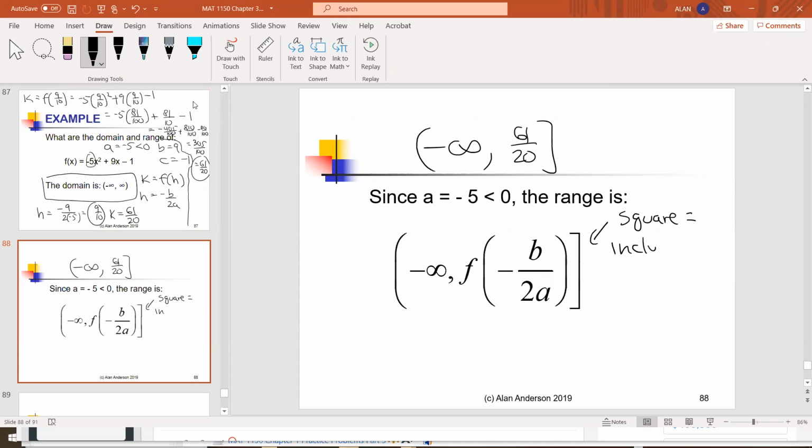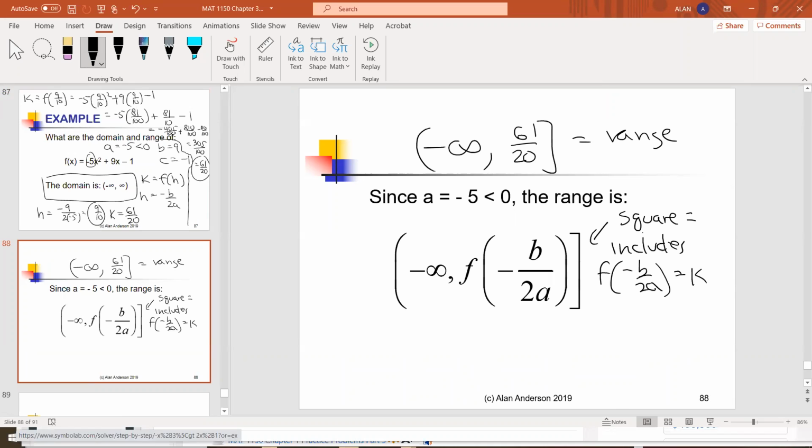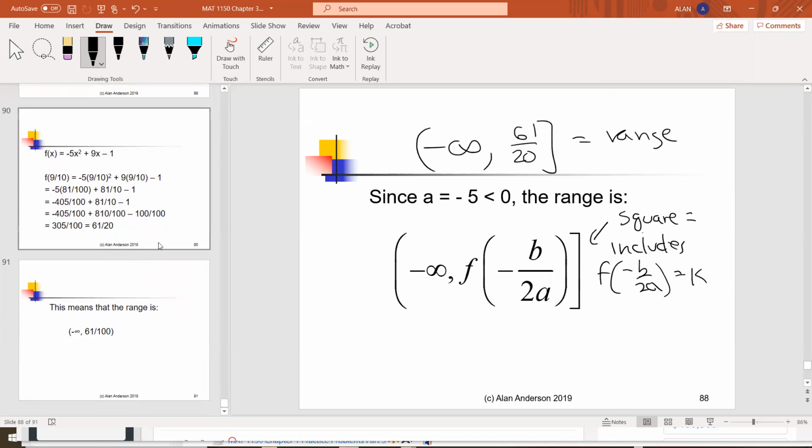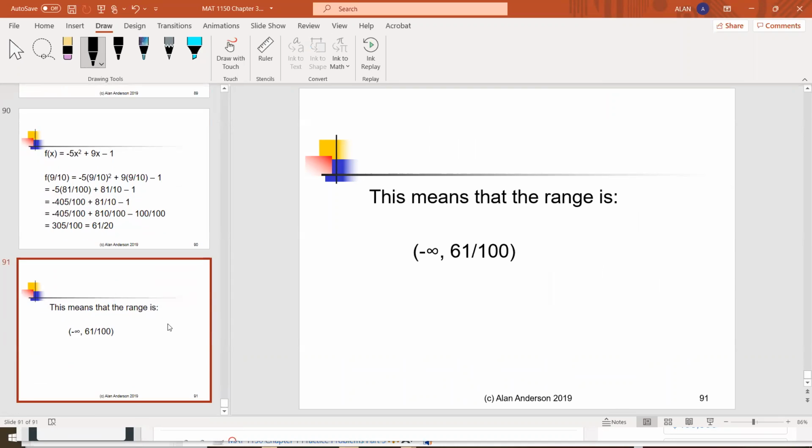It includes f of negative b over 2a, which again is just k from the vertex. All right, so that worked nicely. Here I went through all the gruesome details, and yes, that's correct.